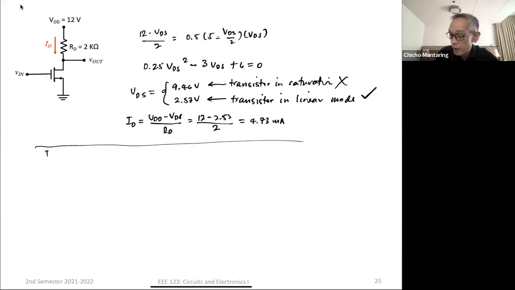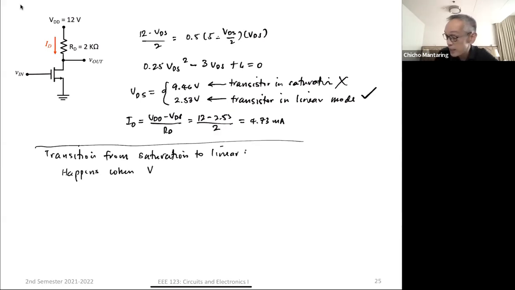This happens when VDS is equal to VGS minus VTH.